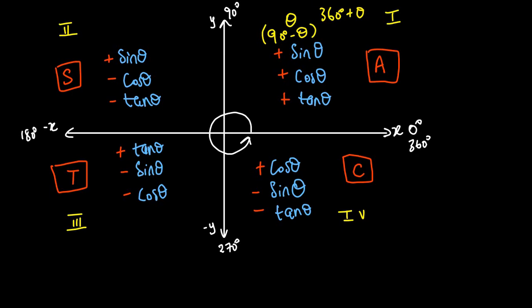When you are using these things, you are referring to the first quadrant. While if you are referring to the second quadrant, you will be saying 90 degrees plus theta, or you will be saying 180 degrees minus theta.